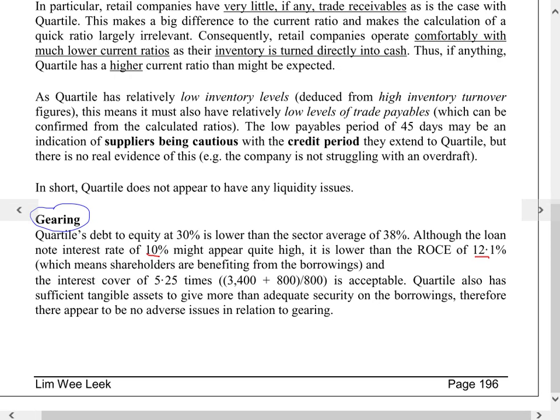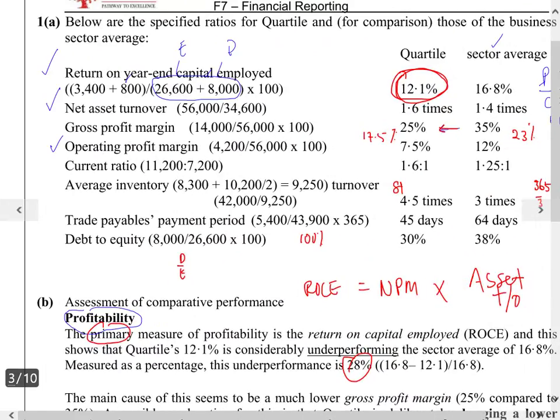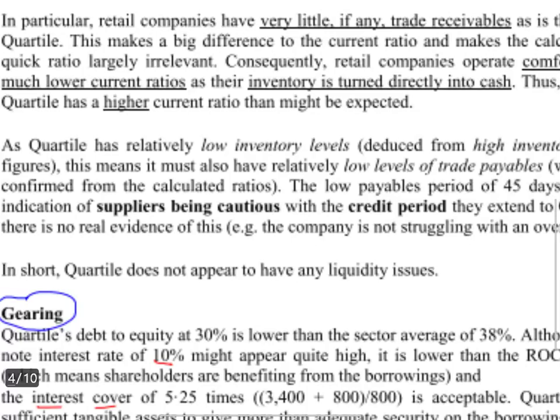What is the formula for interest cover again? Just now, remember 13.3 times, 16 times. PBIT divided by interest. If you look at the ratios here, do we have interest cover? Don't have. You may want to calculate one and explain on interest cover. It's over here.